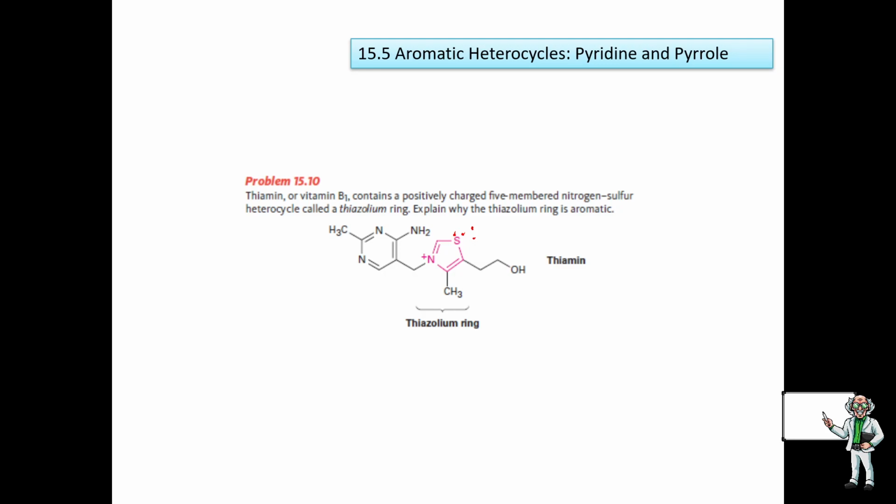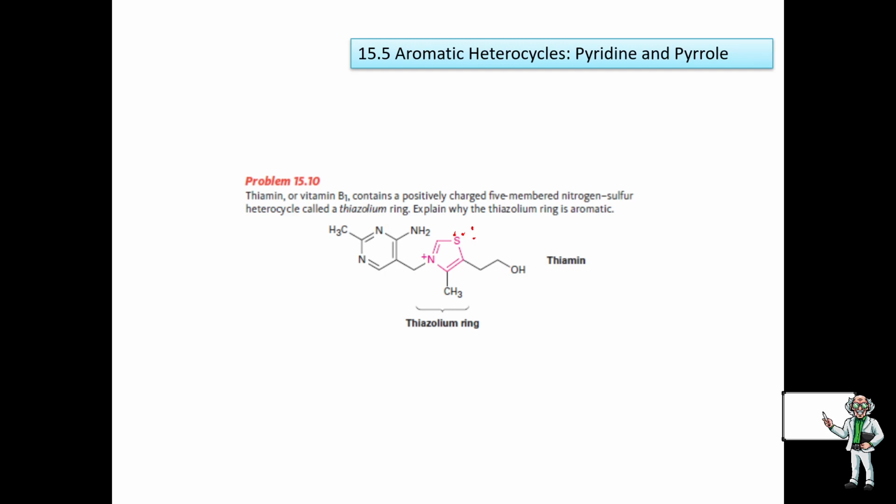If we expect that this 5-member ring will be aromatic, the sulfur has to have sp2 hybridization. That means that if the hybridization is sp2, one of the pairs of electrons will be in the pz orbital, and the other pair of electrons will be in an sp2 orbital.